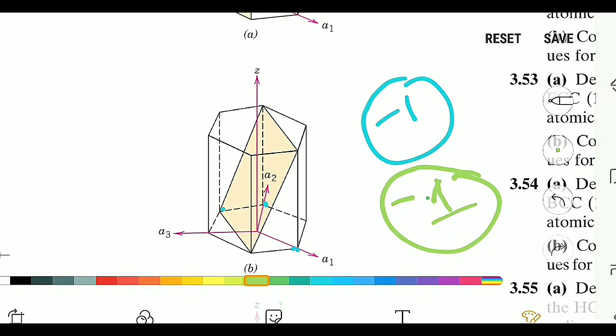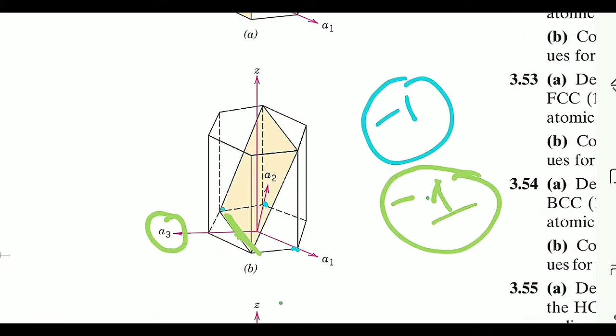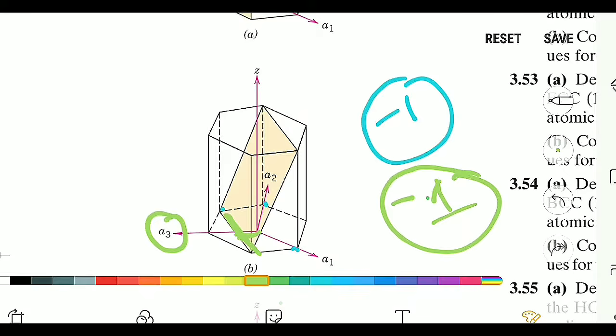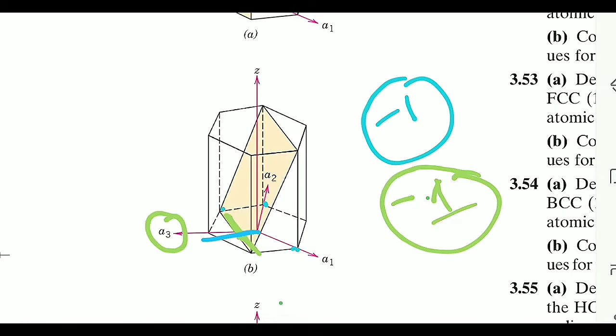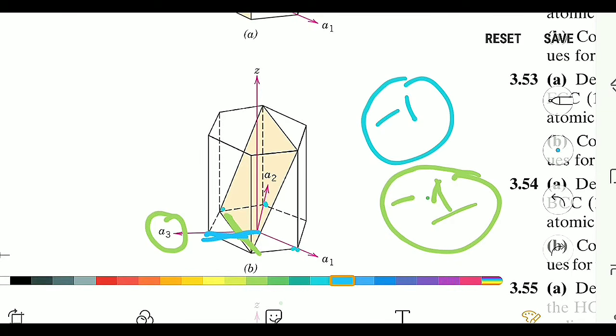Now if we talk about the intercept corresponding to the a3 axis, we can have a rough idea. We can see here is the plane, and this is the axis line, and the plane is cutting the a3 axis somewhere in the middle of this whole length.